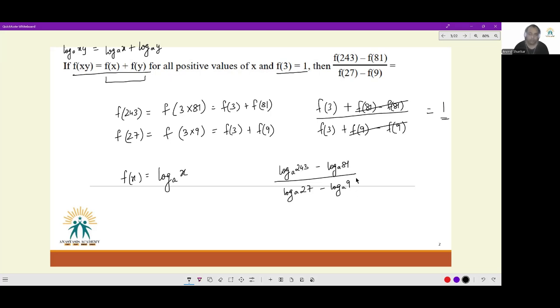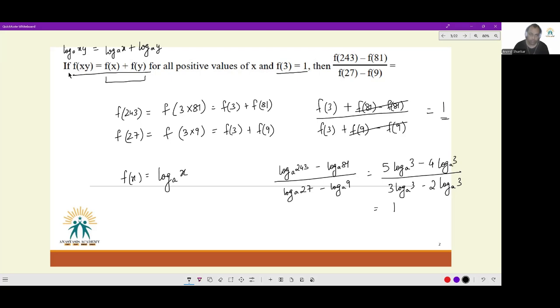Now all of these are powers of 3. So it will turn to 5 times log 3 to the base a minus 4 times log 3 to the base a, divided by 3 times log 3 to the base a minus 2 times log 3 to the base a, which will then make it 1.